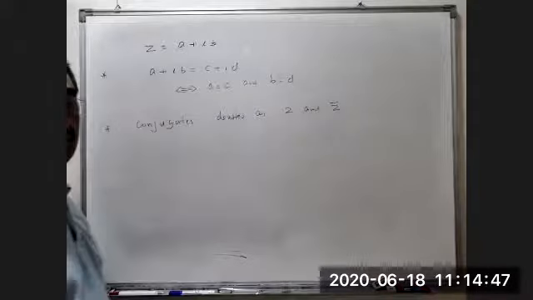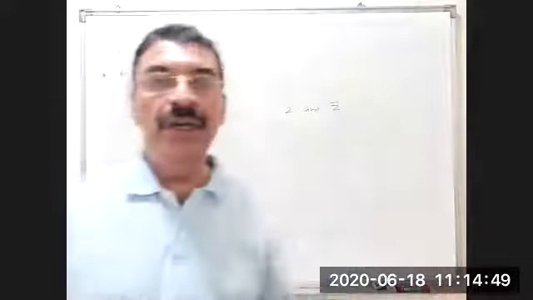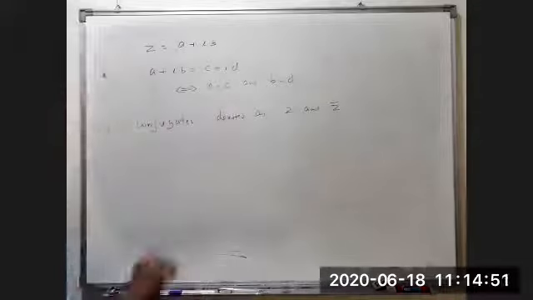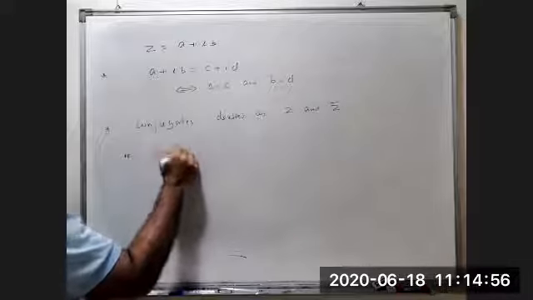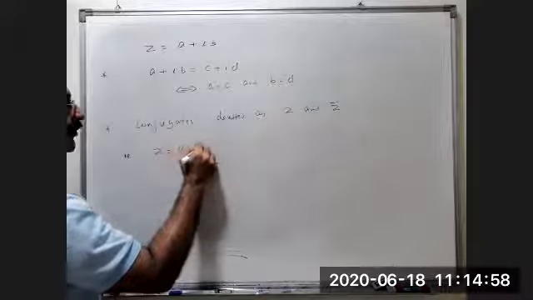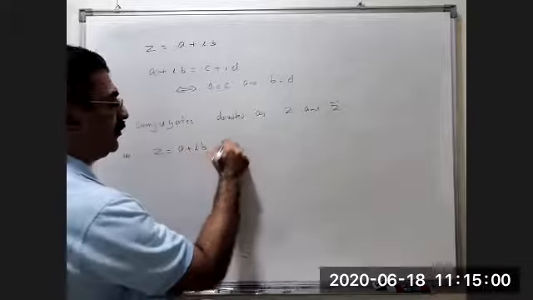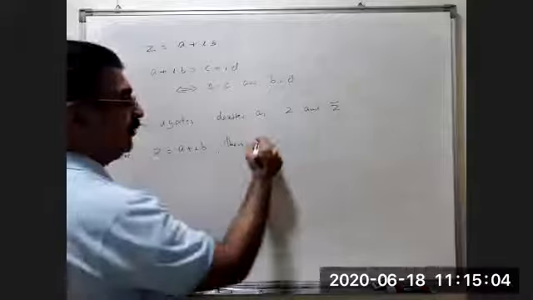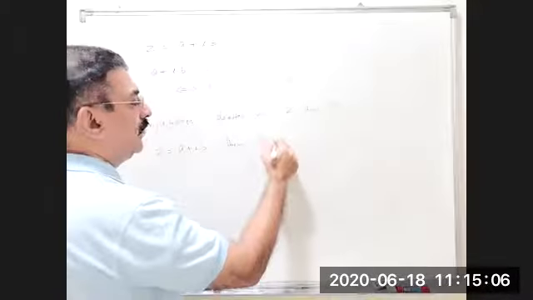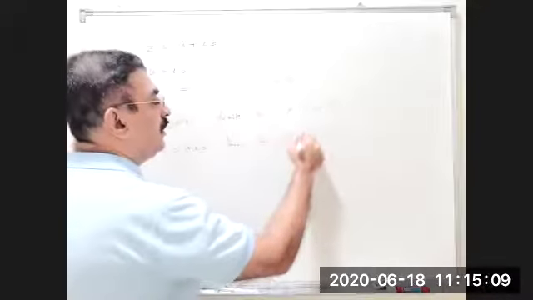That is, if z is equal to a plus ib, then the conjugate of z, we denote as z bar, will be a minus ib.